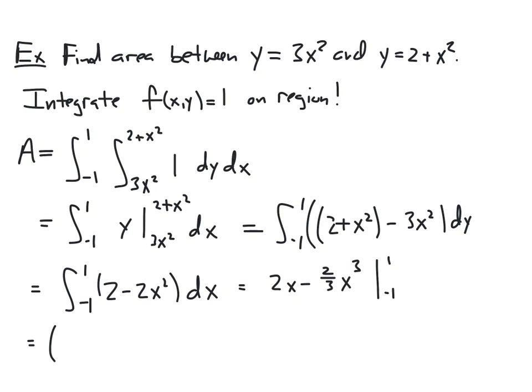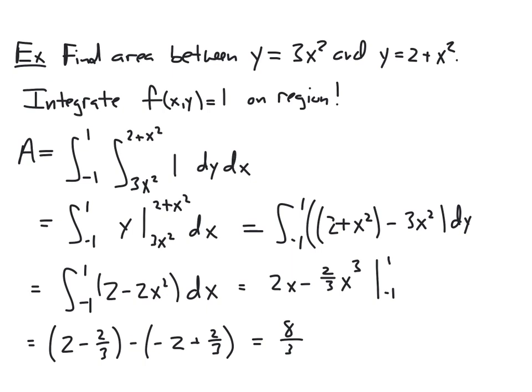Right, and so we get 2 minus 2/3 minus the quantity -2 plus 2/3. And this will equal 8/3. Right? And so this would be the area between these two curves.